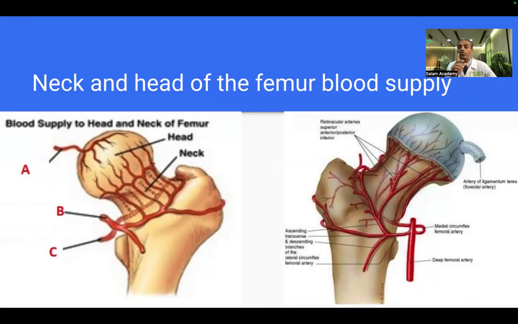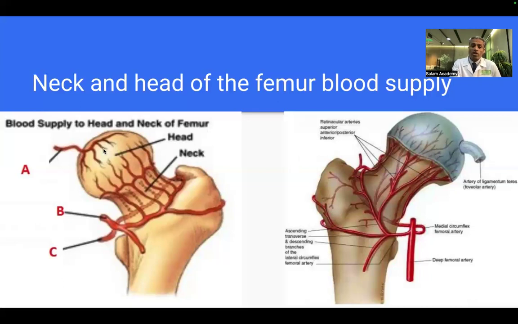So we have to know well the blood supply to understand the trauma if it happens, like dislocation or fracture, or even some diseases like Behçet's disease, that could happen to the hip joint.